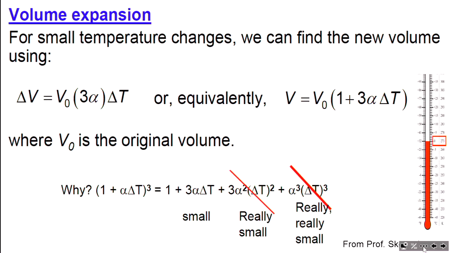If you cube it, it's a fraction of a fraction of a fraction of a fraction of a millimeter. So the expression for the volumetric expansion is very similar to the expression for the linear expansion. This coefficient used to be called beta, the coefficient of volumetric expansion. But eventually people realized we don't really need to measure it. We just have to take the coefficient of linear expansion and multiply by 3.